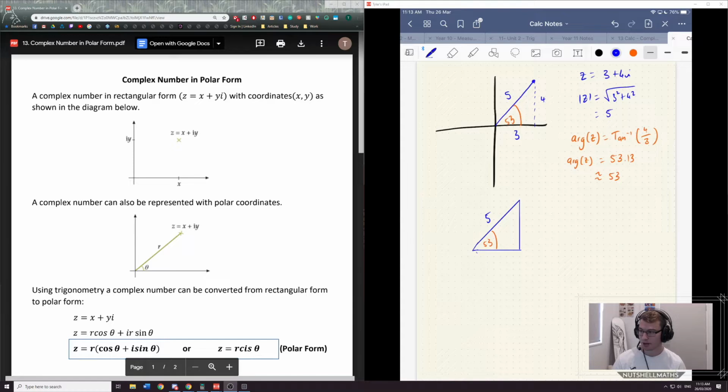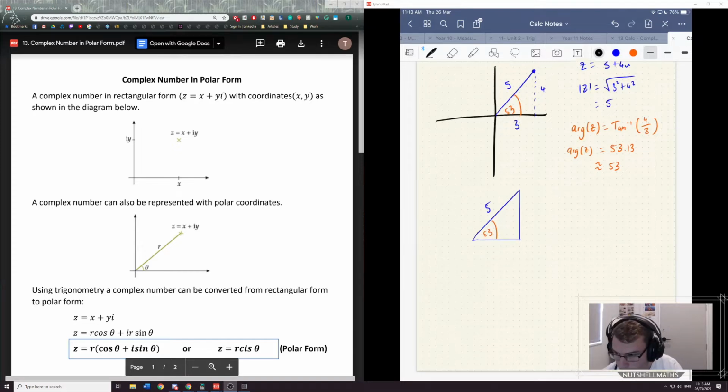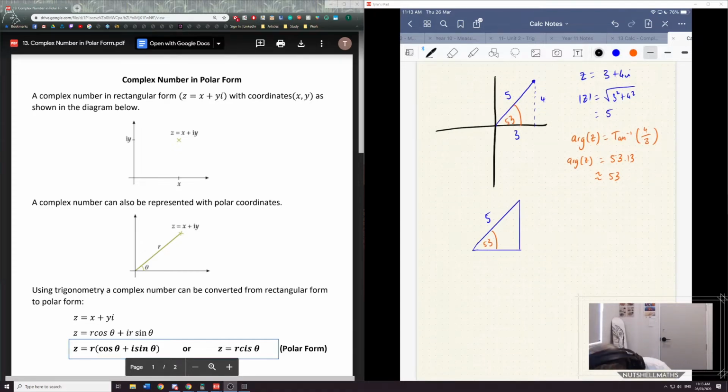Imagine a scenario where all I have is this, and I think, hey, I want to find this part and this part because I know that it'll form this, where A is the real part and B is the imaginary part. But let's say all I have is the 53 degrees, the argument, and the modulus, 5.